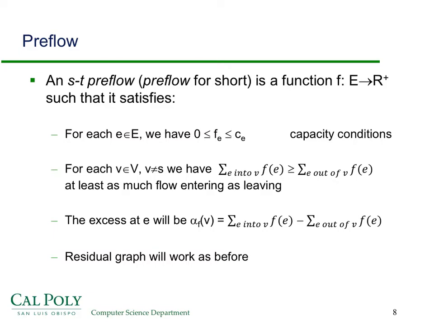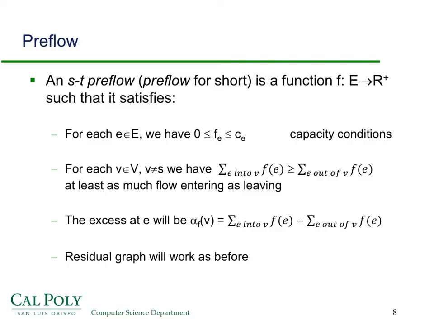But for each vertex, the amount coming in to v must be at least as much as what is going out. And the excess at v we'll write as alpha F of v, and that's the excess amount of flow that's at the vertex v.